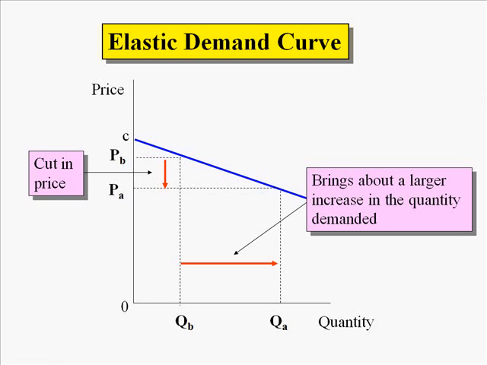What we notice is that a decrease in price brings about a large increase in the quantity demanded for an elastic product. So what this means is if you know the demand elasticity of a product that you sell in your store, you can see that if you drop the price a little bit, you will probably see a larger quantity of that product sold.